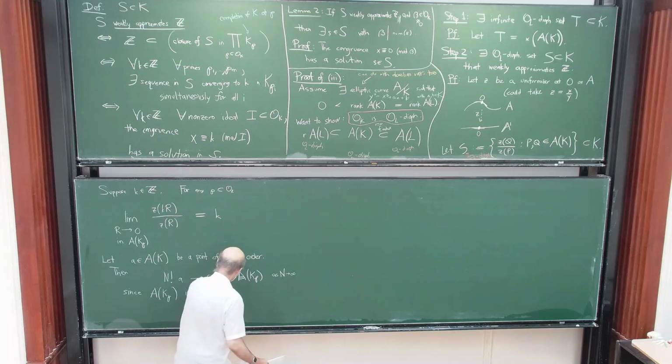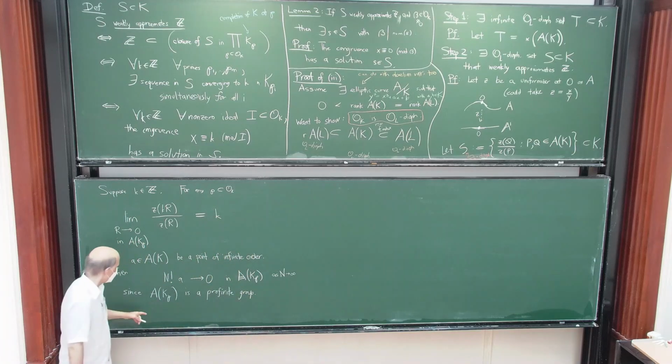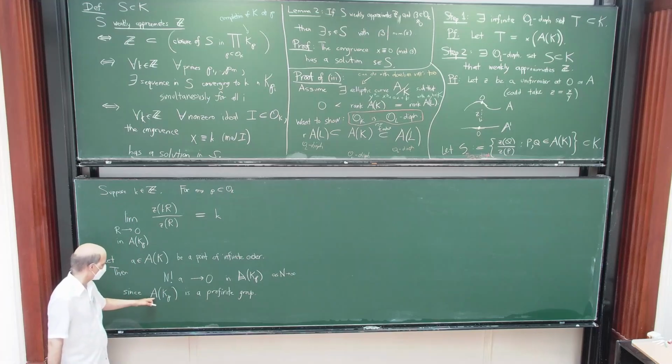The way you usually realize it as a profinite group is you look at the points on the elliptic curve modulo p to the n.